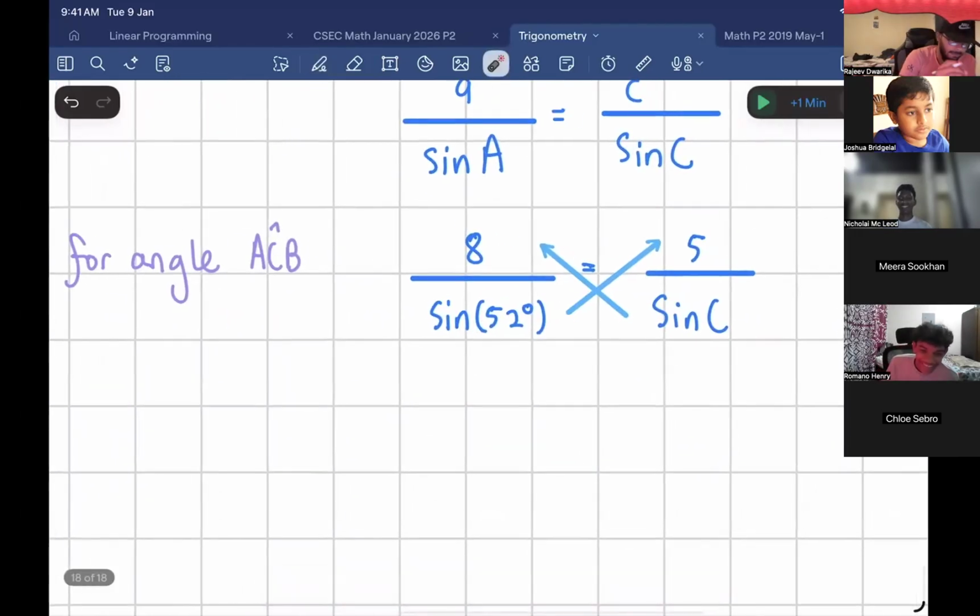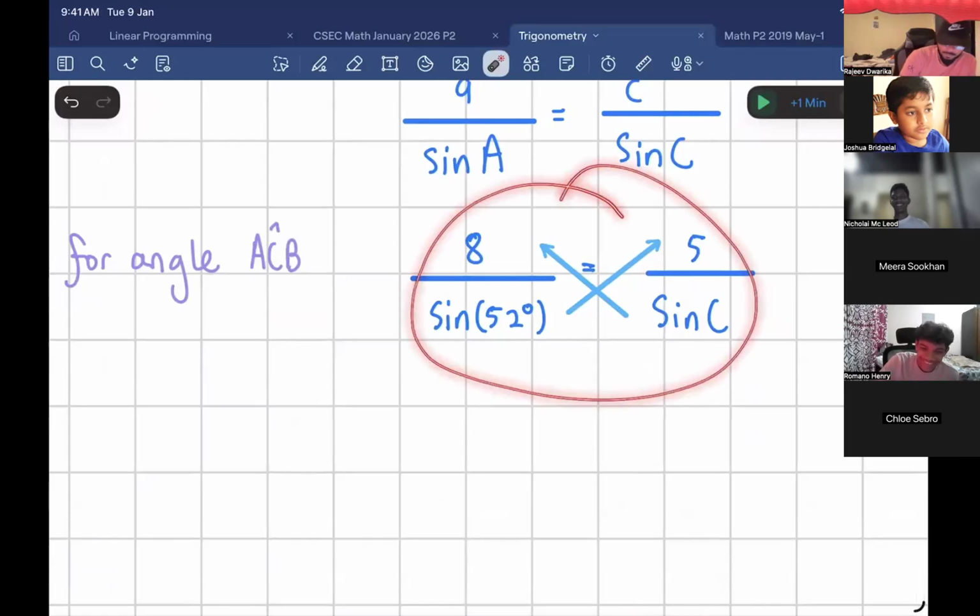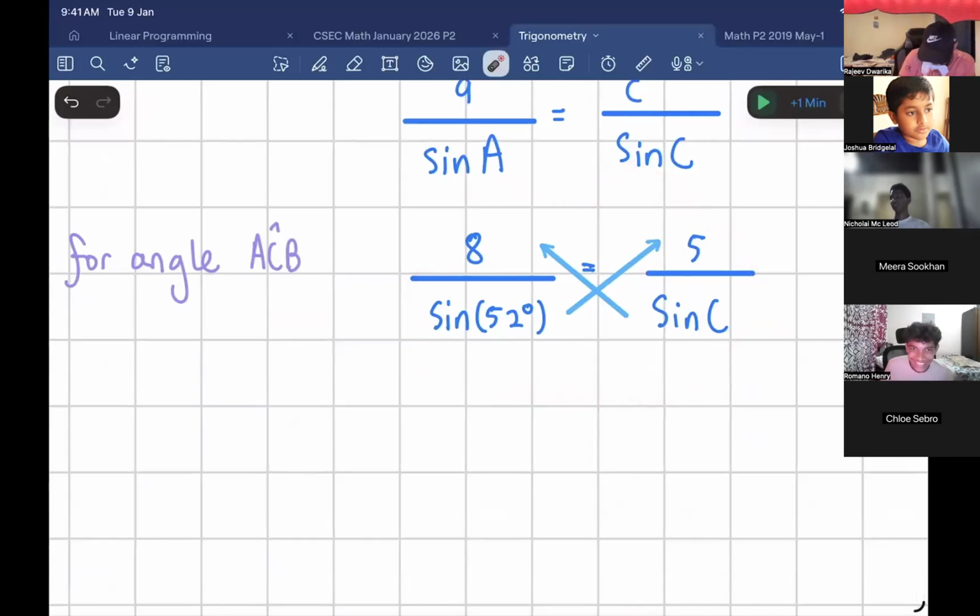So Sky, what is the unknown here? Angle C. I typically want the unknown on what side? The left-hand side or the right-hand side? We typically want the unknown, what we're trying to find for, on the left-hand side.